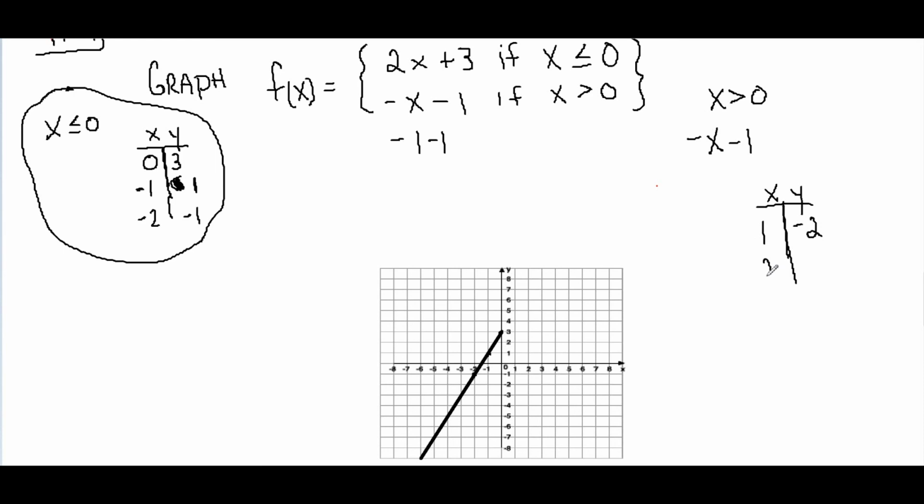If x is 2, then this would be -2 minus 1, which is -3. And finally, if x is 3, I have -3 minus 1, which equals -4. Two points are enough, really.